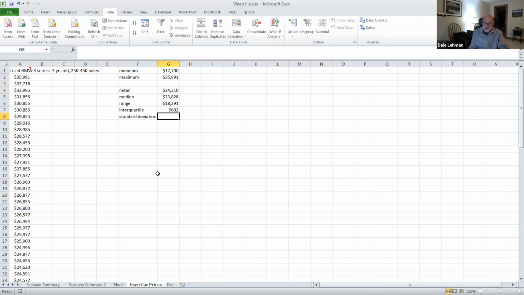So the standard deviation, which does have a formula, of used cars, is a little less than $3,800.